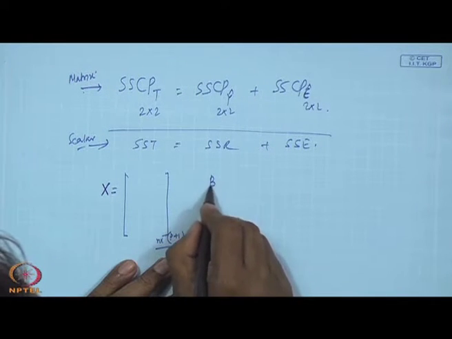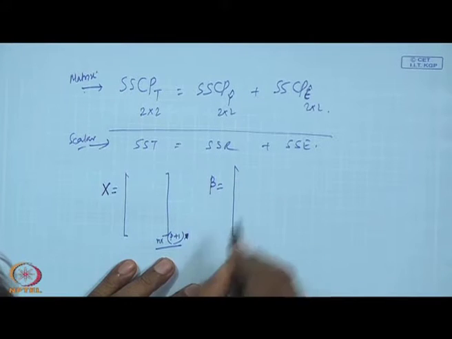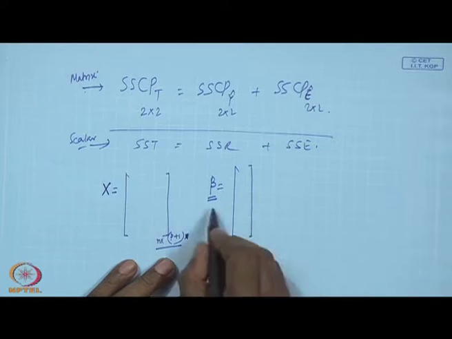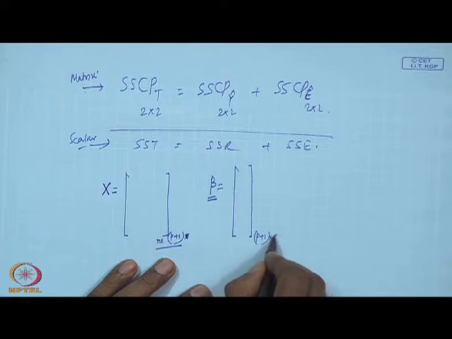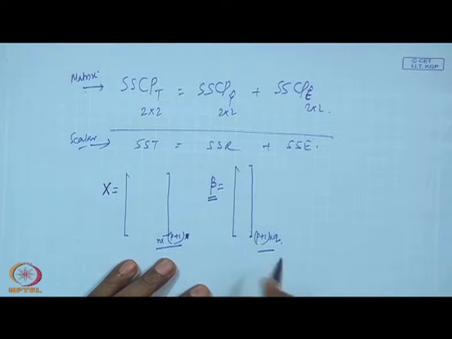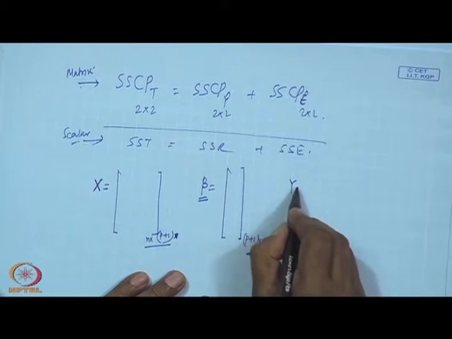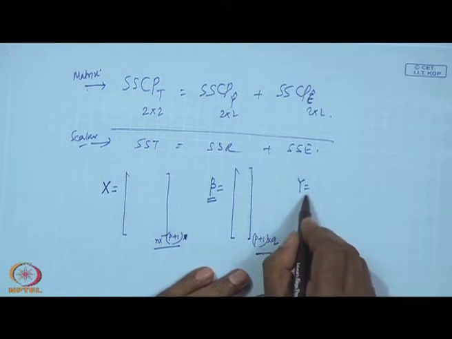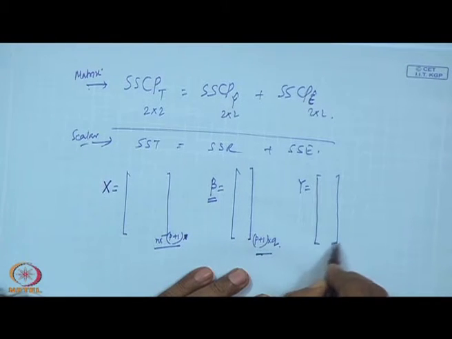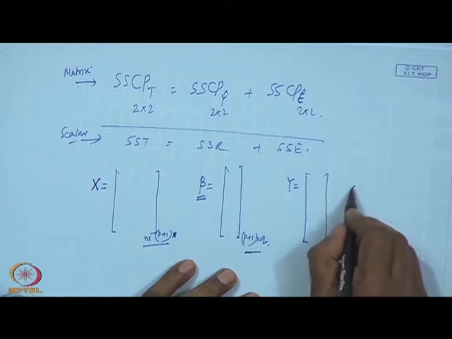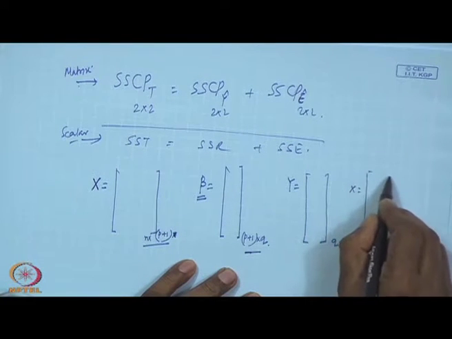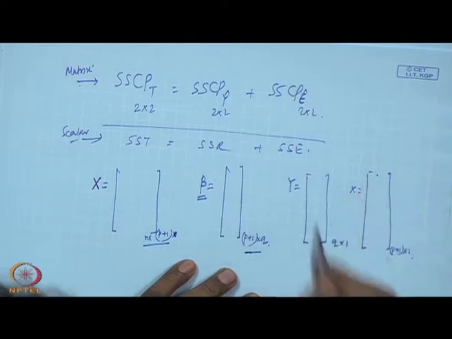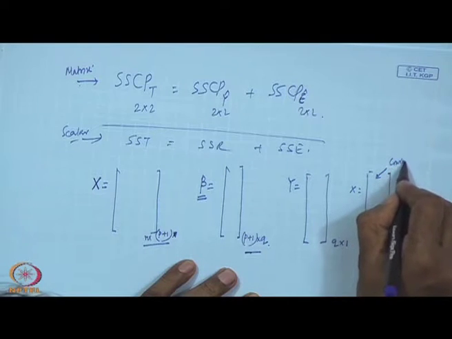So, your beta vector is there, which is p plus 1 cross q, correct, and your y variable. So, if I go by variable only, y is having q cross 1 variable, x is having, including the constant, p plus 1 cross 1 variable.